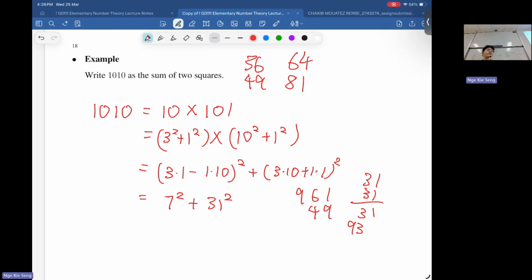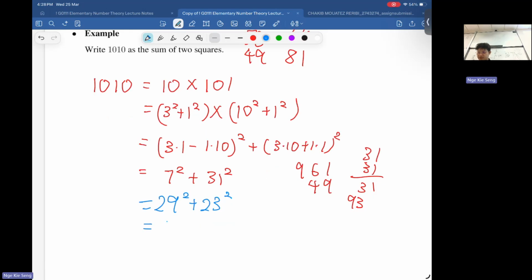Okay, and what do you get? 29, 23. How do you get 29 squared? What do you use? 13 times 13. Oh, okay, sorry. So you use your AD minus BC, is it?